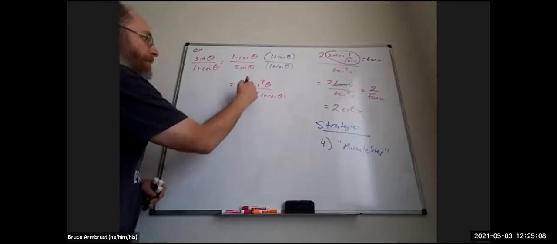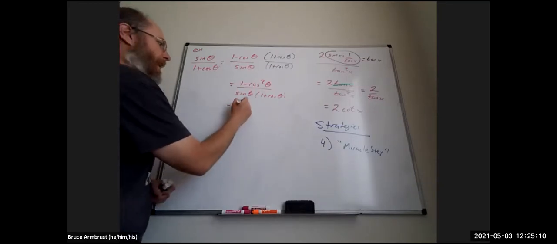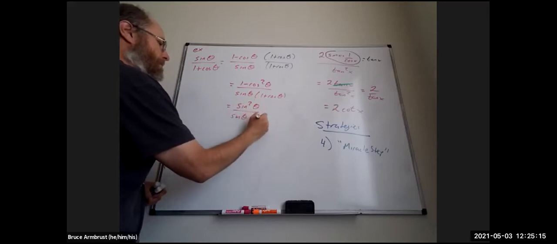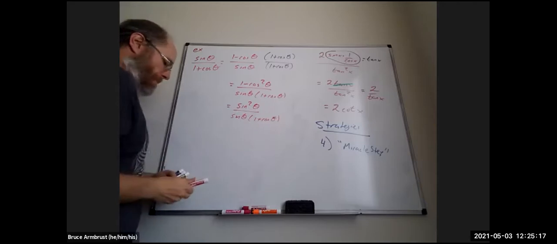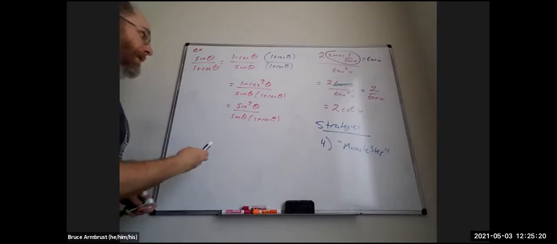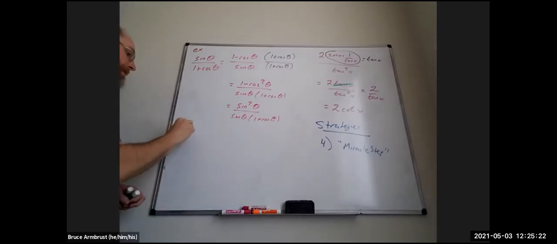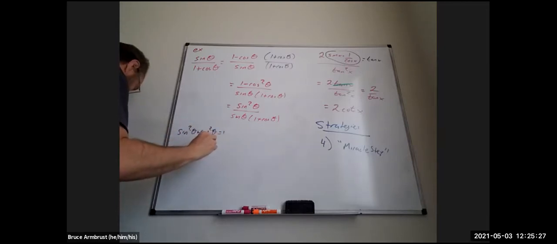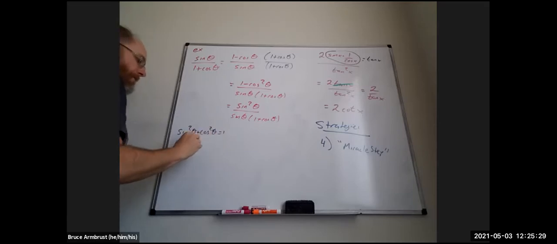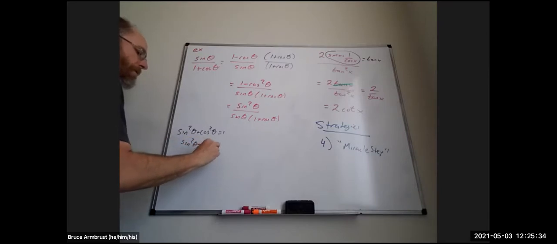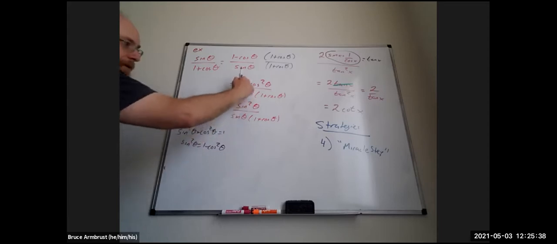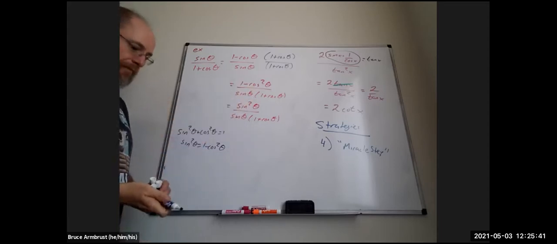All right, now the top of this thing is actually just equal to sine squared. And again, that comes from the Pythagorean identity, right? If we go back to sine squared plus cosine squared equals 1, and I manipulate that, if I just subtract that cosine squared over, I get 1 minus cosine squared equals sine squared. So that's what I did.